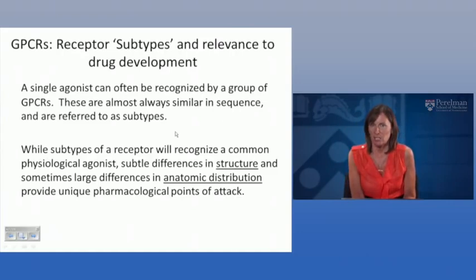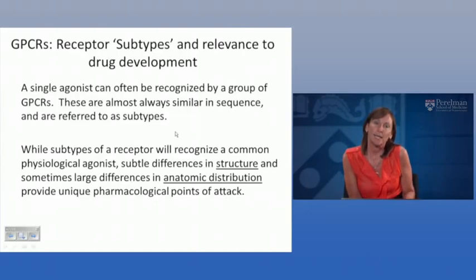The existence of subtypes represents another example of therapeutic leverage. A single agonist can often be recognized by a group of G-protein coupled receptors. These are almost always similar in sequence, but not identical, and they are referred to as subtypes.